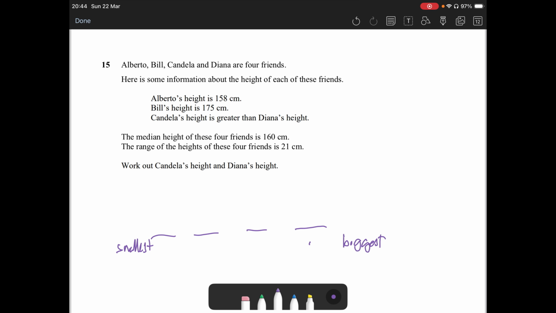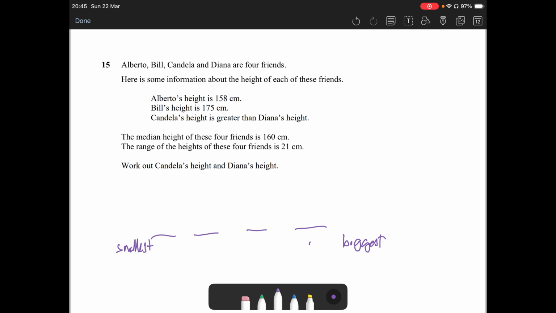Okay. So Alberto's 158, Bill's 175, Candela's height is greater than Diana's. The mean height, the range of these is 21. So what I'm trying to wrap my brain around is, is Alberto the shortest, or could it be Diana?